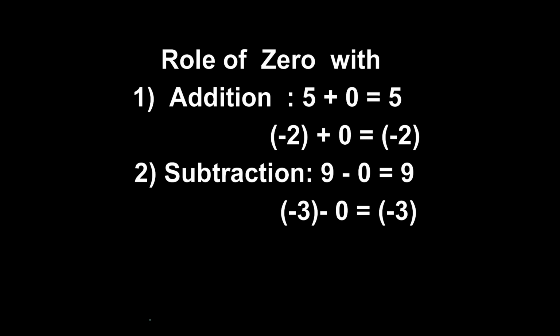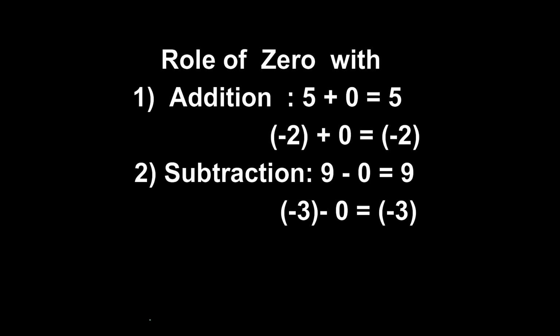And if we add minus 2 plus 0, we all know that we are going to get the same number if 0 is added to any number. In the same way with subtraction, if we subtract 0 from any integer, we are going to get the same number. As you can see on the screen, in all the examples, when 0 is added or subtracted, you get the same number.